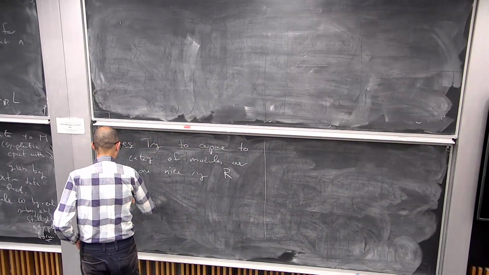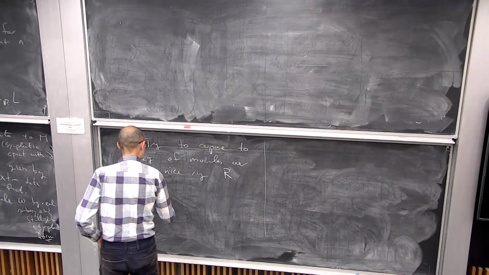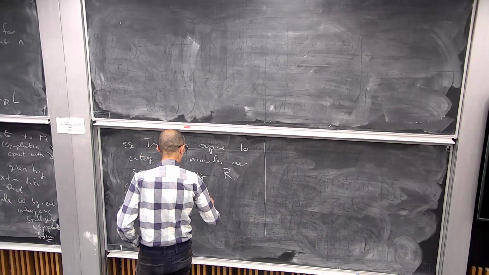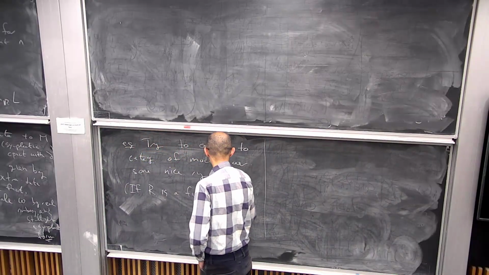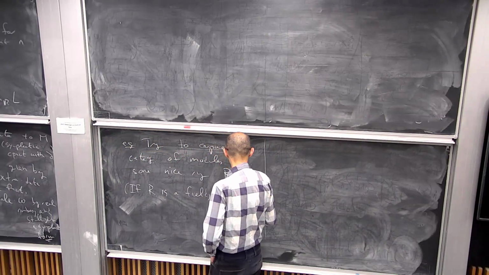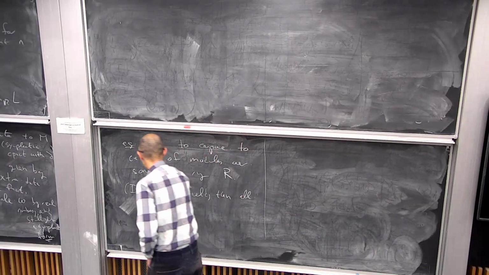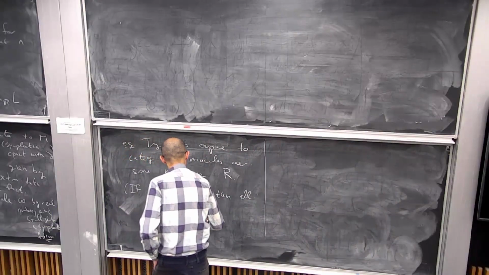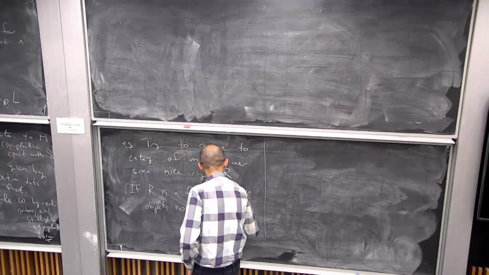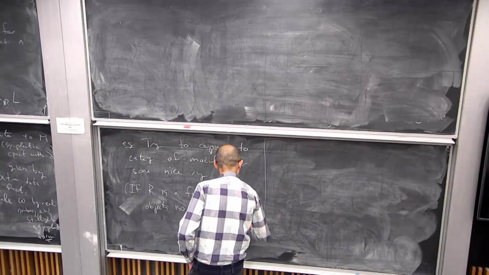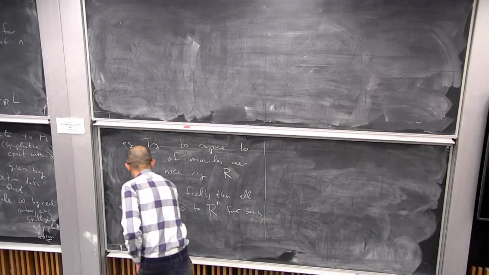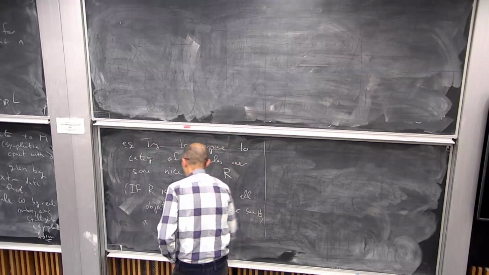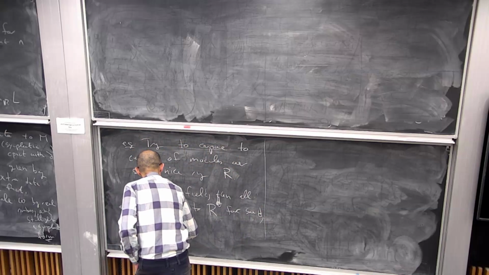If R is, let's say, just a field, then I know how to do this. Then all objects are isomorphic to R to the n for some n, where n is the dimension, and morphisms are given by matrices.